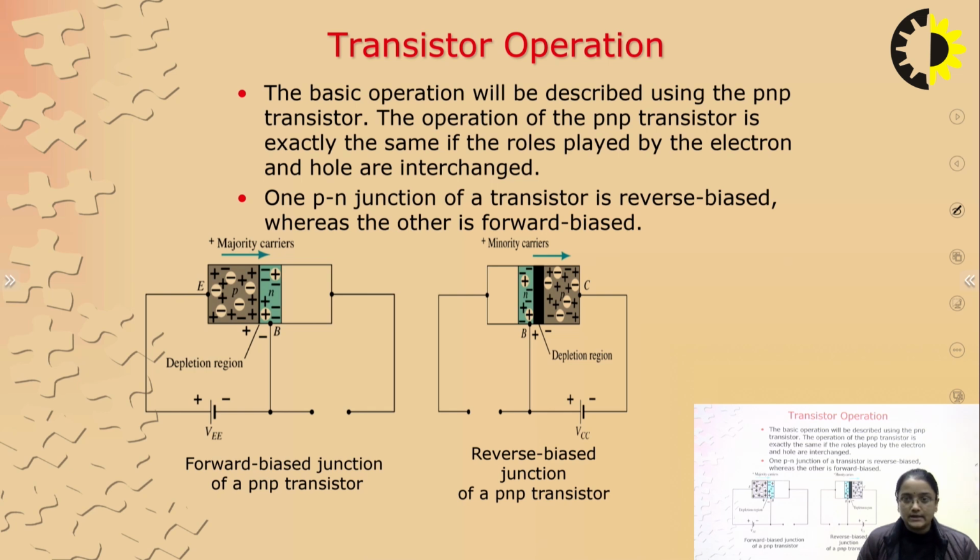In forward bias, the positive terminal is connected to the positive side, that is the P side of the PNP transistor, and in the reverse bias condition, the positive terminal is connected to the N side, that is negative. That condition is known as the reverse bias condition.